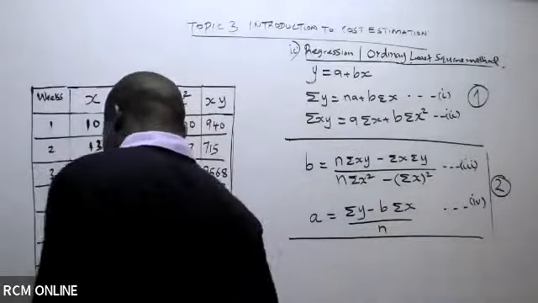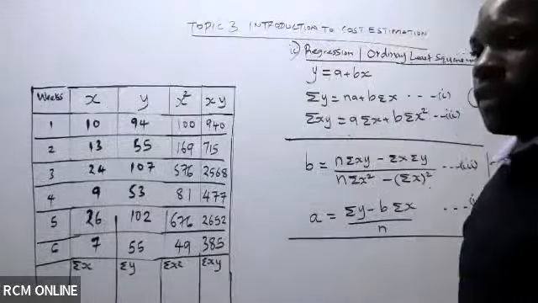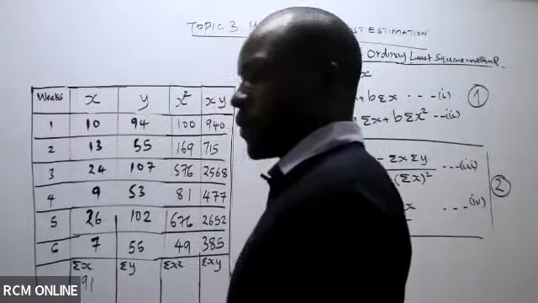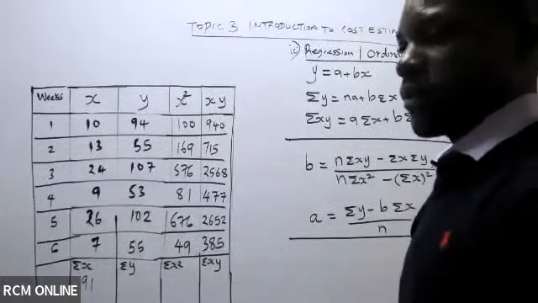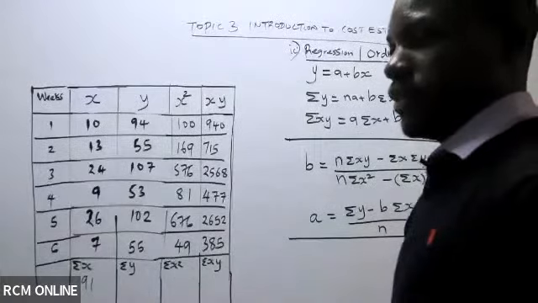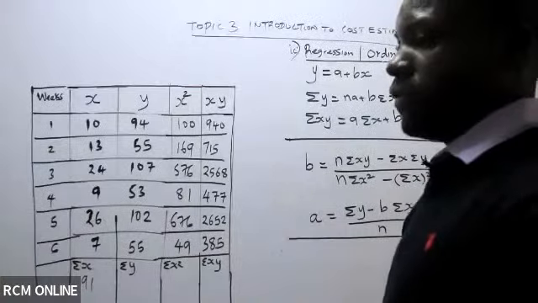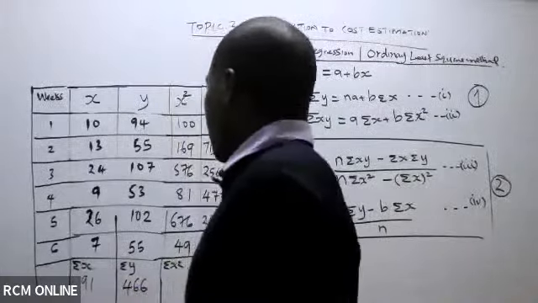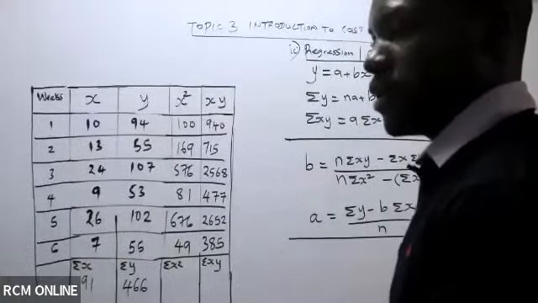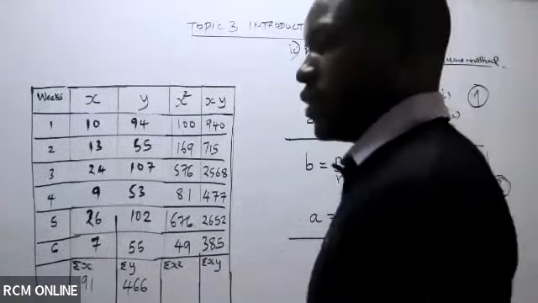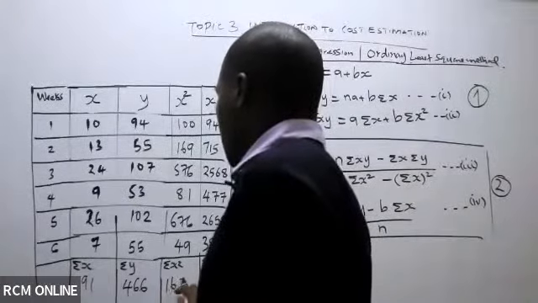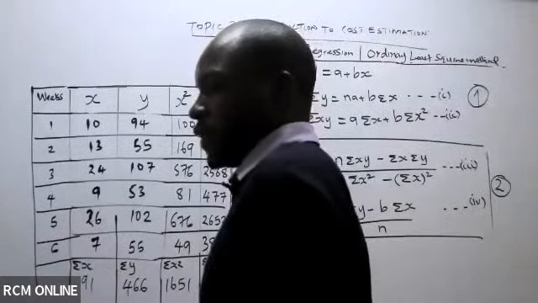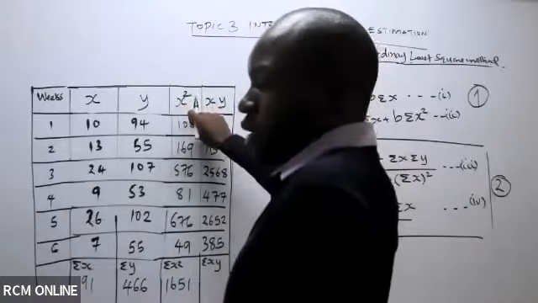Summation of x, 91. Summation of y. Someone to do x squared, that is 466. Someone to do x squared. 1651. Someone to confirm? 1651, is that the total?